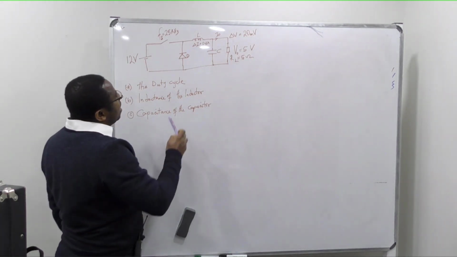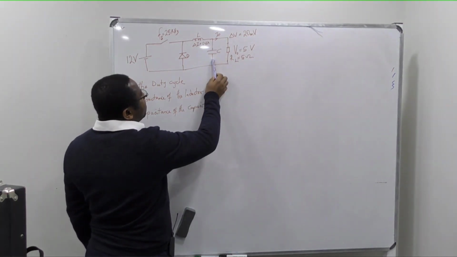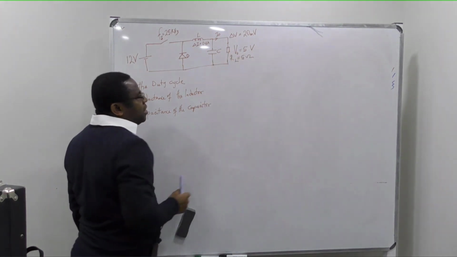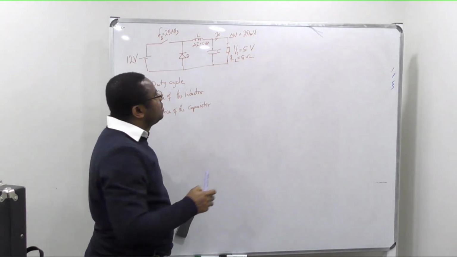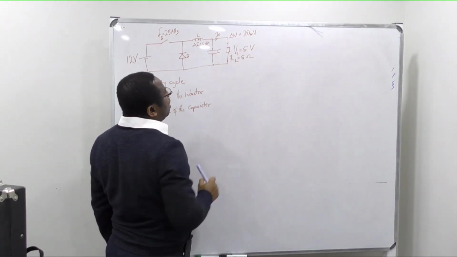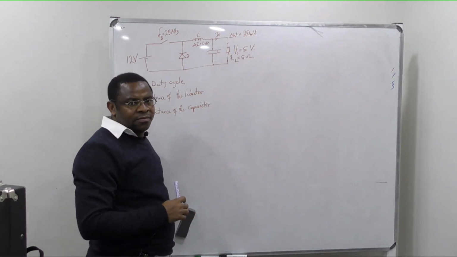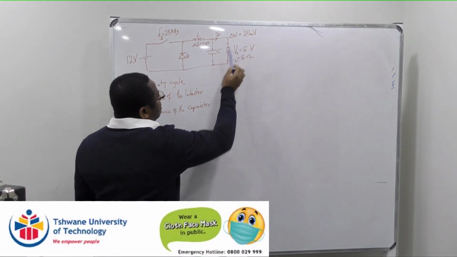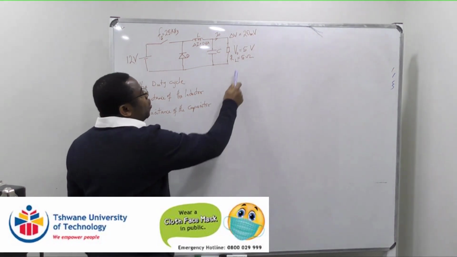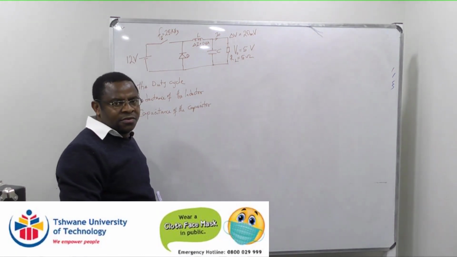And here we have our capacitor, and the peak-to-peak ripple voltage is 20 millivolts, right?